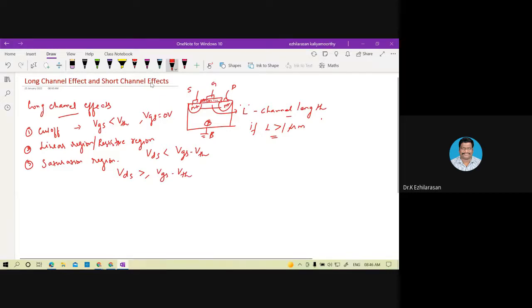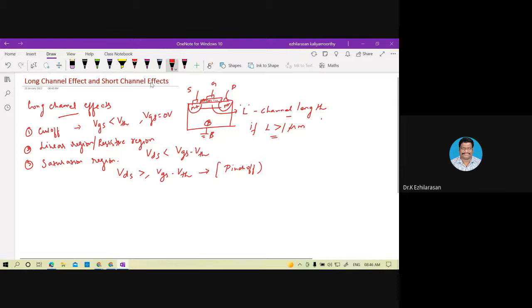In this saturation region, one important thing will happen. You might have studied that it is the pinch off. As we know, in the saturation region, as you are applying more and more VGS voltage, the channel will be pinched off. If the channel is pinched off, in the sense, the channel will get reduced. That is what I'm showing here.